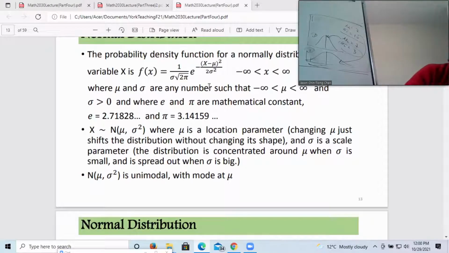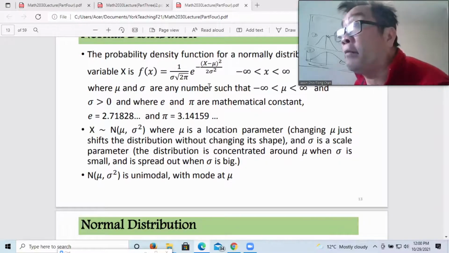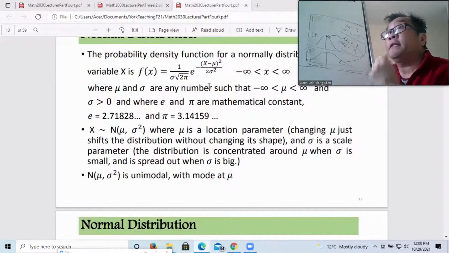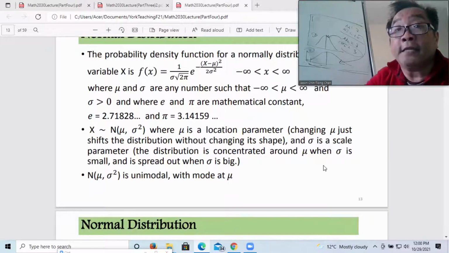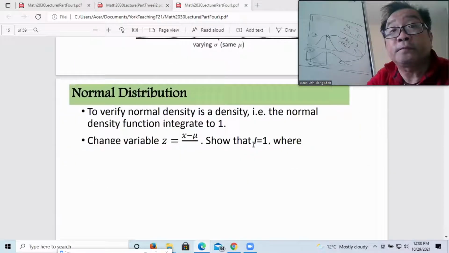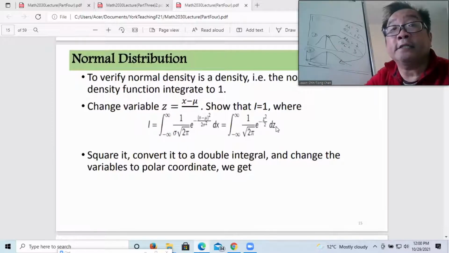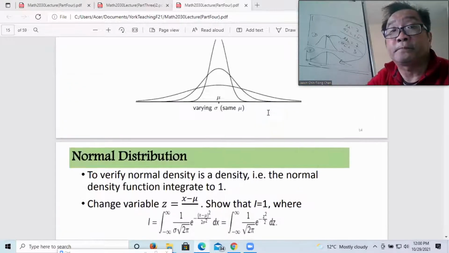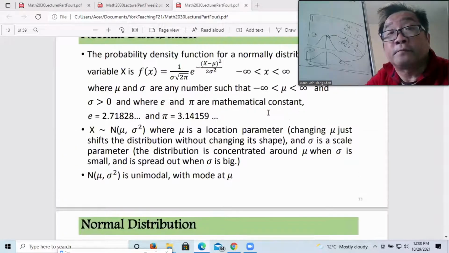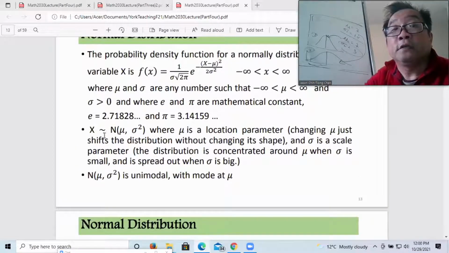So for all the functions, if you calculate the probability, the total probability always equals 1. The integration at the end is equal to 1 because the total probability always equals 1. So again, this is an approximation.